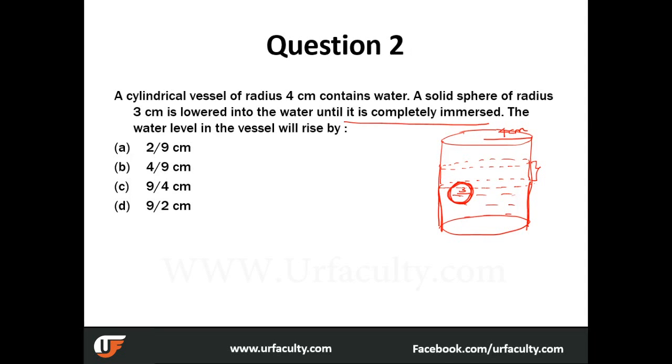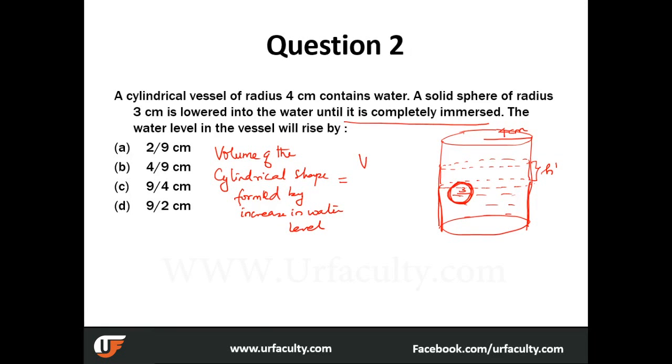So what should we do now? I'll call this as H dash. So volume of the cylindrical shape formed by increase in water level is equal to volume of the sphere.